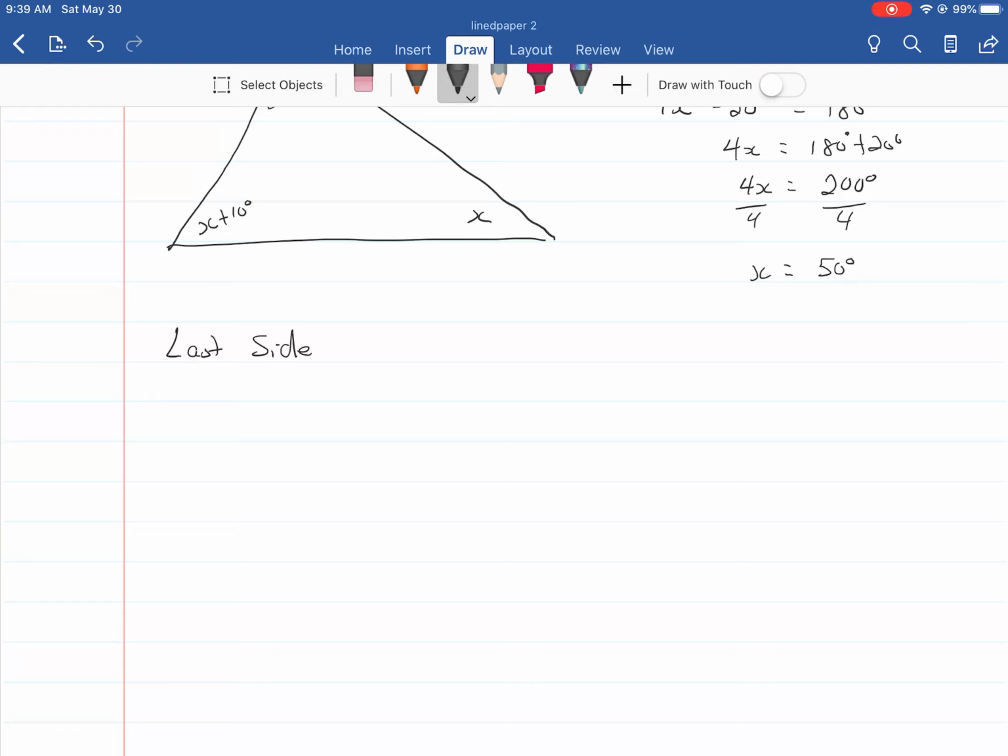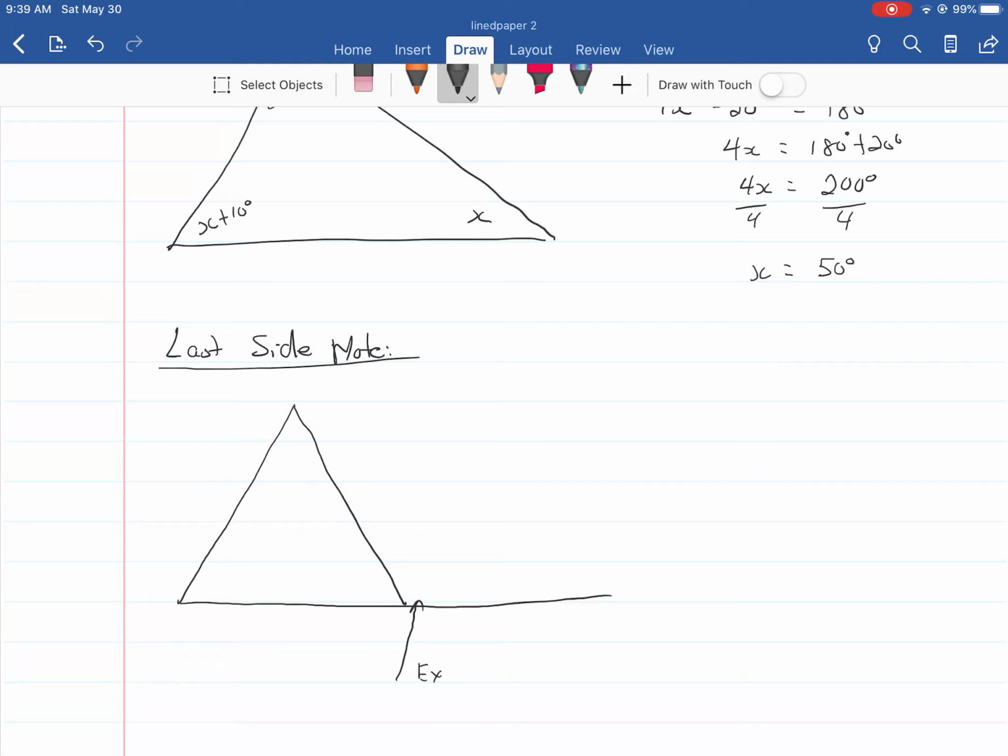And then one last side note, something that's interesting about triangles that you can use sometimes. Take a look at this triangle. But instead of just drawing the triangle, I'm going to extend this out and make what's called an external angle. So that's an external angle to a triangle.